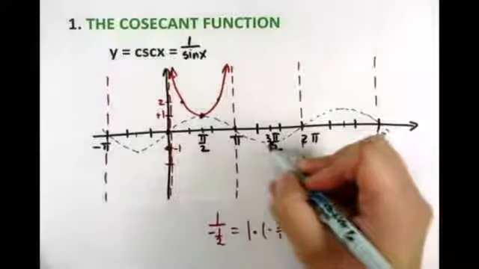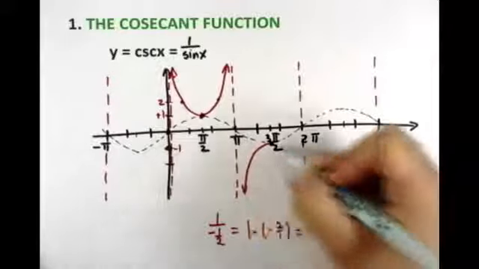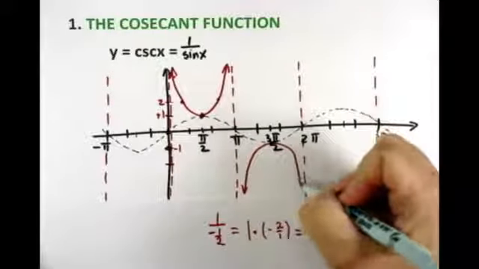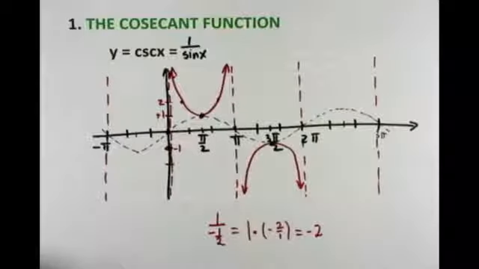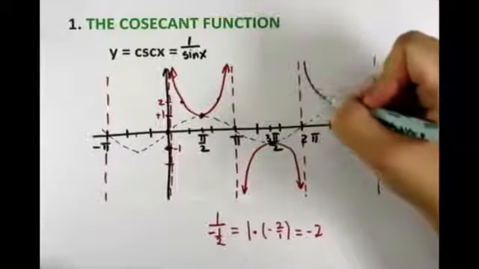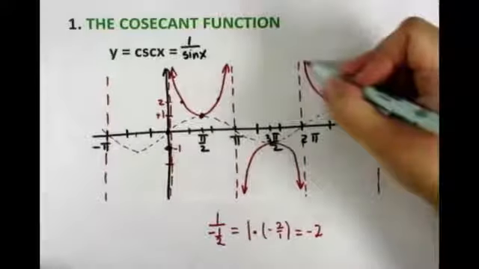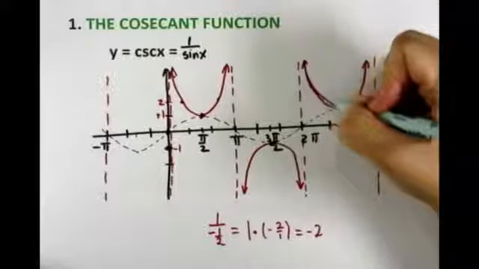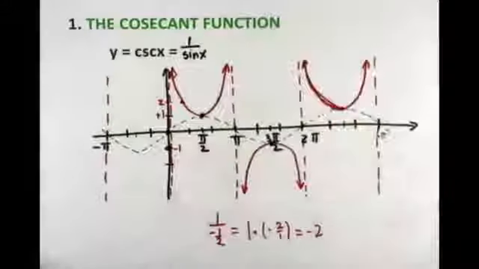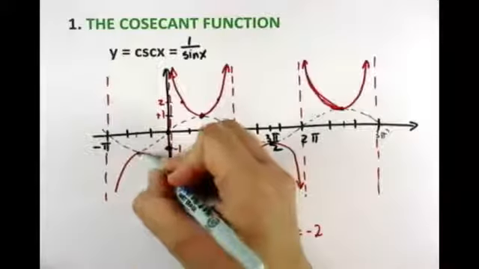So this part goes to 2, and this part gives me this shape of the graph. And then the same situation happens for this one. The graph keeps going in more of a parabola shape.